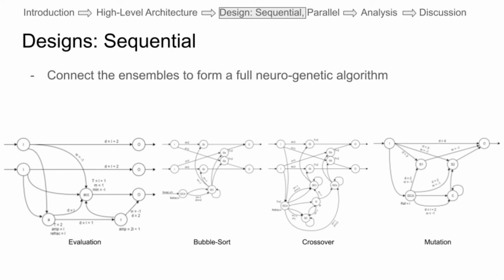Then we have all the ensembles put together into one lane. So the chromosome gets processed, first evaluation, bubble sort, crossover, mutation, and then connects back. And this forms a full neurogenetic algorithm that can run fully also on neuromorphic hardware.